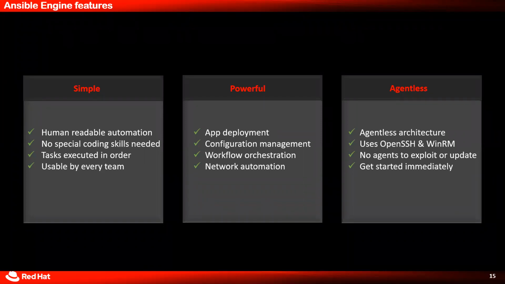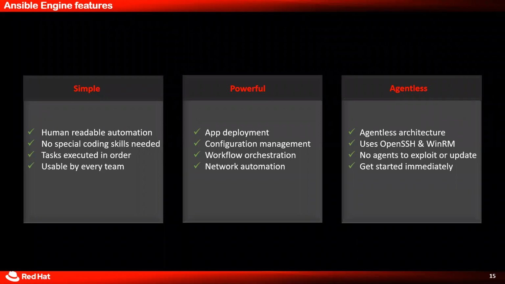When there are no agents installed, there is no exploitation, and you won't have to update your clients. That's the advantage of using agentless. And because Ansible automation is agentless, you can start your automation immediately without having to bother about configuring the clients.